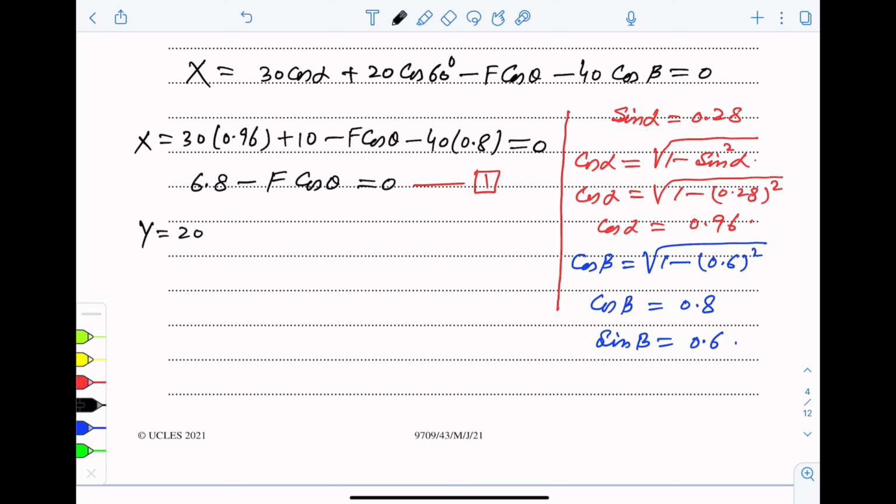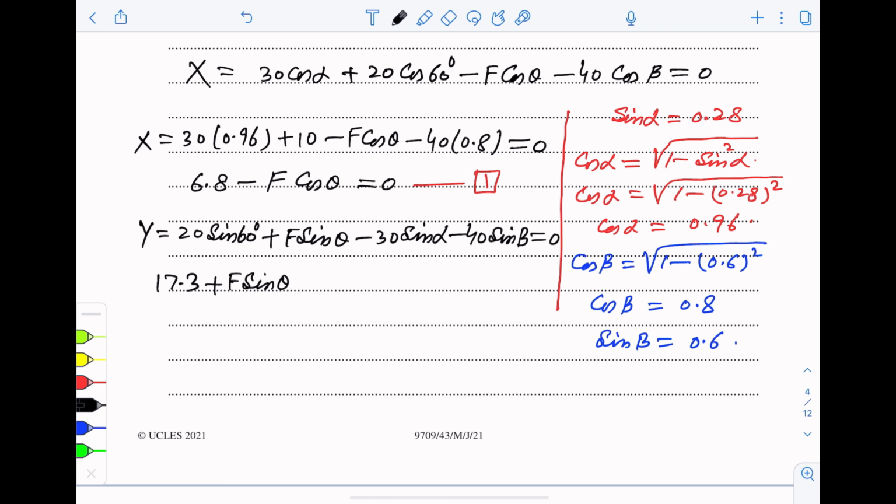So adding them, we get 20 sin 60 degree plus F sin theta minus 30 sin alpha minus 40 sin beta is equal to 0. Here we put the values of sin beta and sin alpha; theta we have to find. So after further simplification we get 17.3 plus F sin theta minus 30 into 0.28 plus 40 into 0.6 is equal to 0.